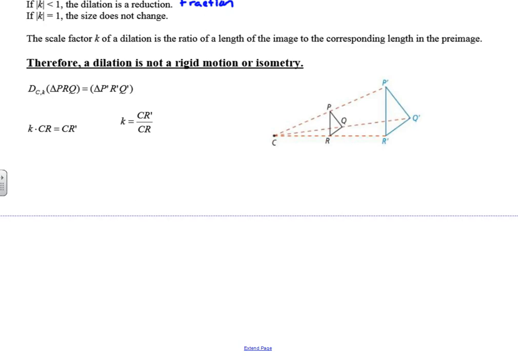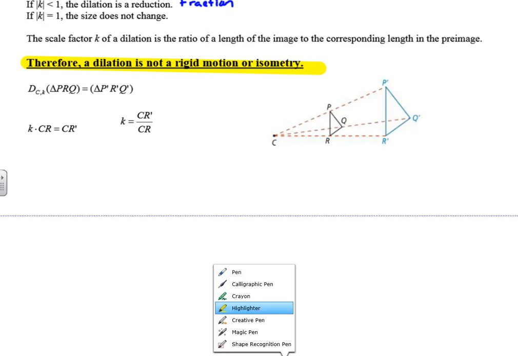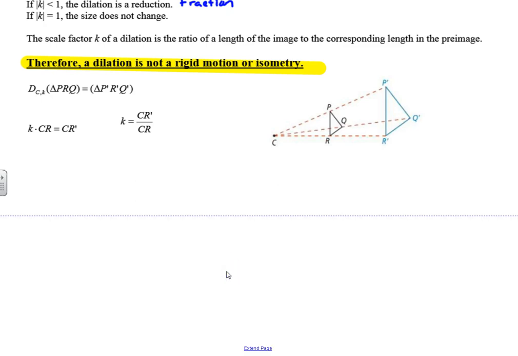So let's look at what that means. A dilation is not a rigid motion or an isometry, and that is key. A dilation is not a rigid motion or an isometry. As we look at this, this is our pre-image, and this is our image.